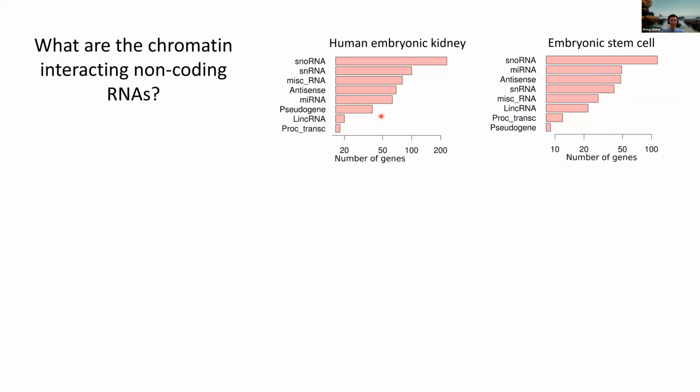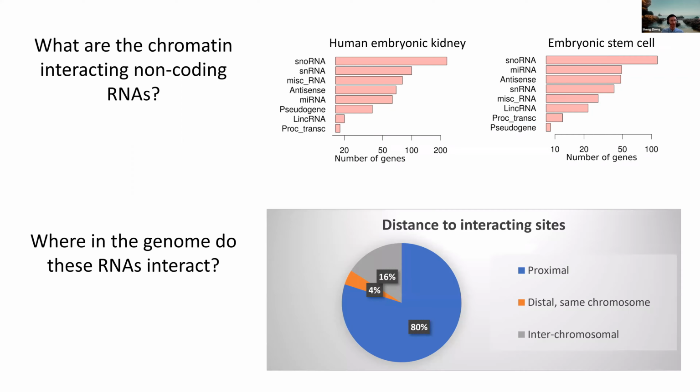They seem to decorate the chromatin. And if we ask how far these genes travel to interact with target genomic sequences, the majority of them, as we saw in the diagonal line of the previous contact matrix, contact their genomic neighborhood, forming cis interactions. Still, approximately 20% of the interactions are either long-range interactions or interchromosomal interactions.